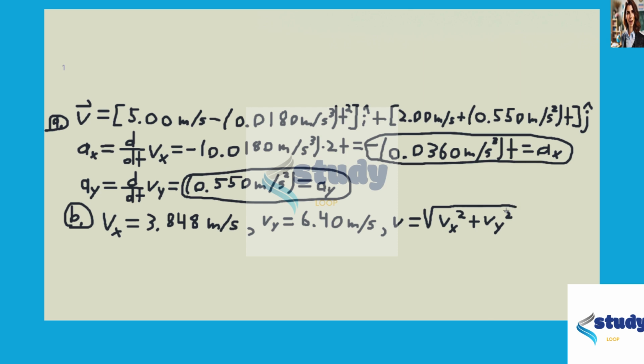I know what vx and vy are, so I'll plug them into the magnitude equation and get my v. I plug those in, and I'm going to get 7.47 meters per second. So that's going to be my magnitude.